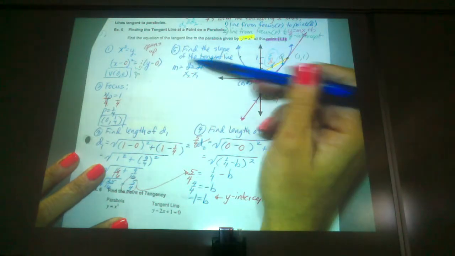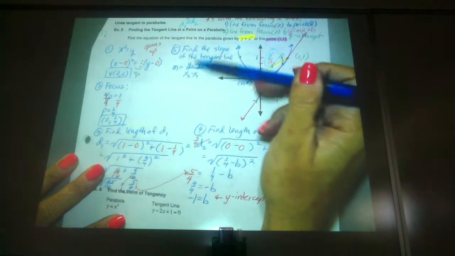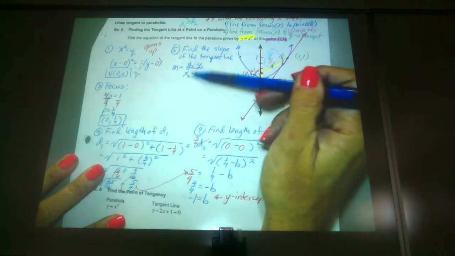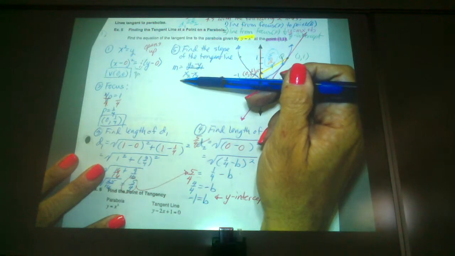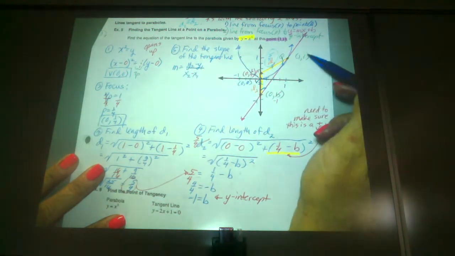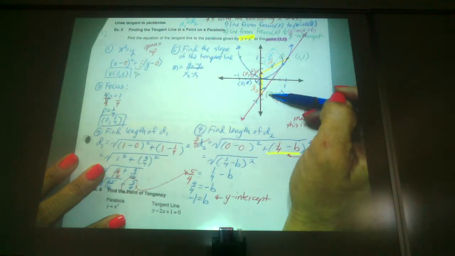I don't really care whether you start with y sub 2 or y sub 1, to be perfectly honest, but whichever one you start with, you must have the same x that belongs to that ordered pair. So if I start with this -1 first, I better have this 0 come first in the denominator.